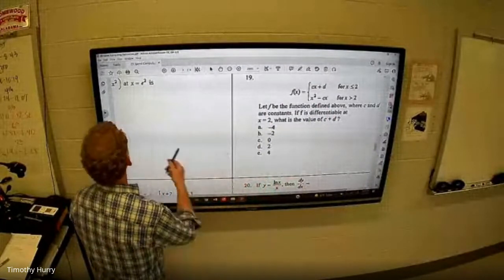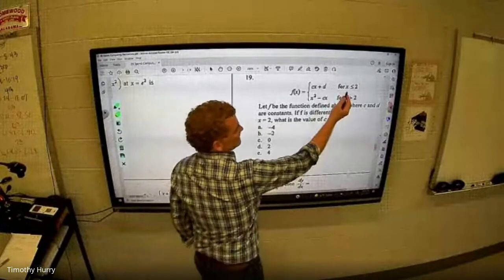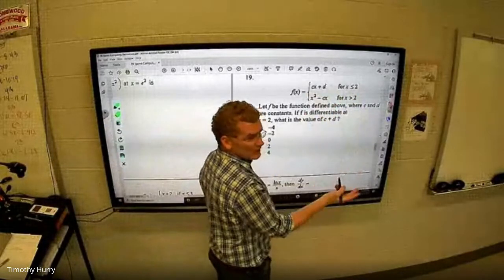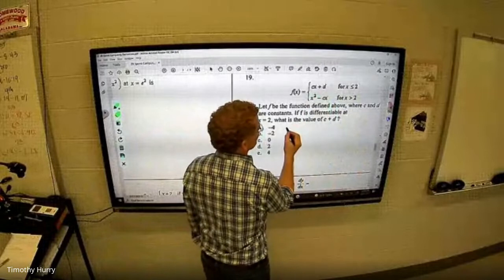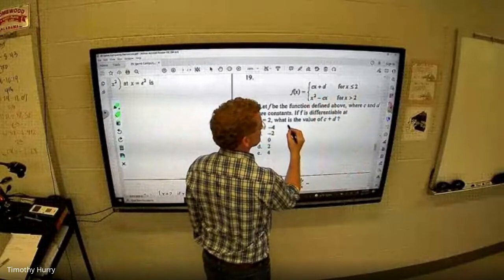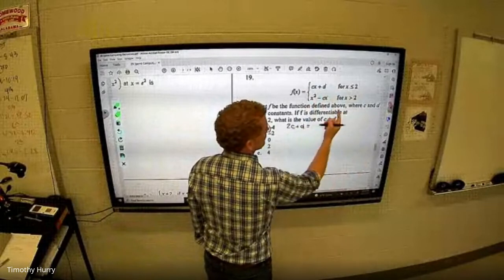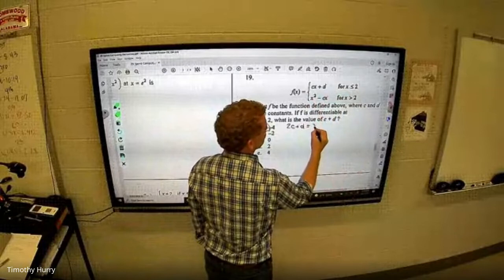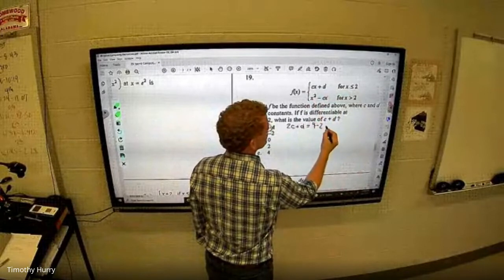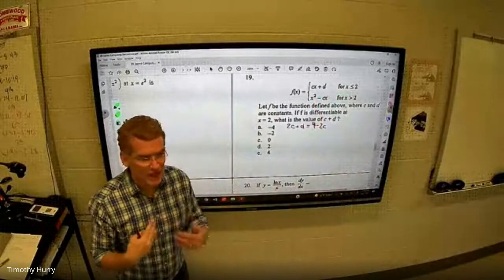So what would I do if I was checking continuity? I would say the limit on the left and the limit on the right and the value are all equal. Well, that's basically saying that cx plus d, when x is 2, so 2c plus d would have to be equal to 4 minus 2c. Are y'all seeing that? That is essentially me checking continuity.